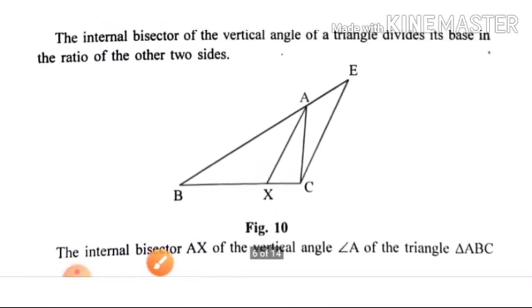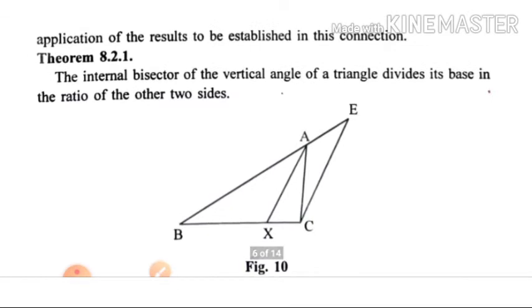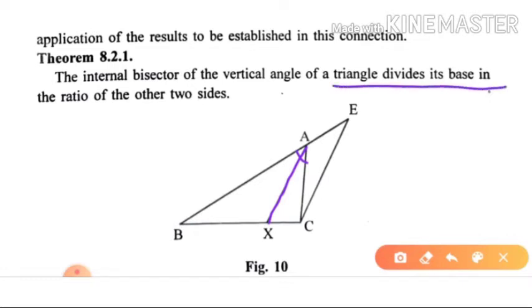Okay, that means if you look here, this is the internal bisector of this triangle. AX is the internal bisector of the vertical angle A. Then we have to show that this internal bisector divides the base and other two sides in a ratio.